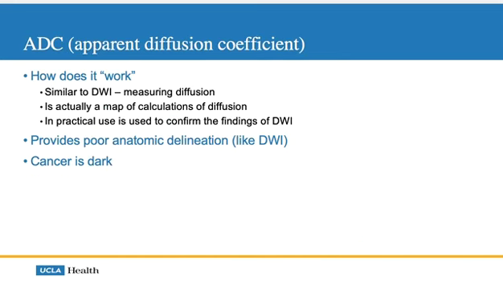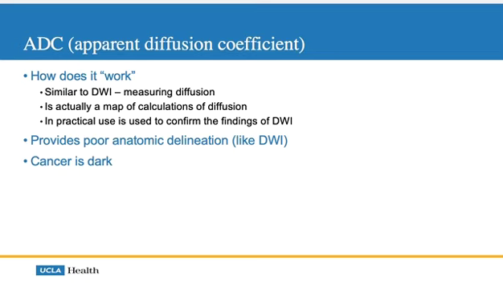So let's move on to the next sequence, the ADC, or the apparent diffusion coefficient. How does this sequence work? Well, it's relatively similar to the DWI, or diffusion weighted sequence. It's measuring diffusion. ADC is actually a map of calculations of diffusion, and in practical use, it's really just used to confirm the findings of the DWI sequence.